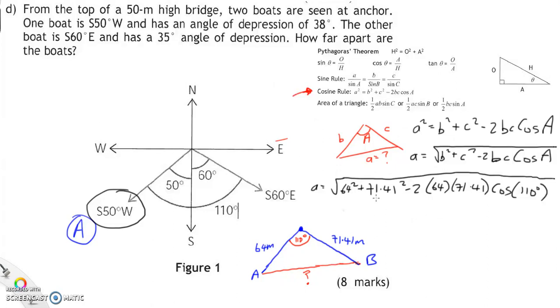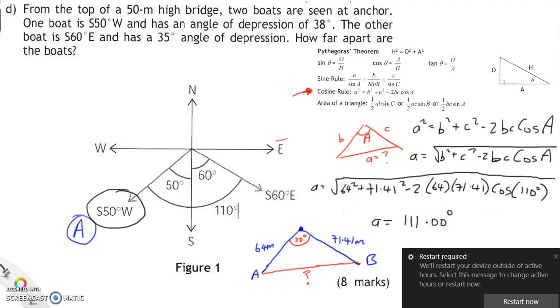So bring up the square root sign, then you have 64 squared plus 71.41 squared minus 2 multiplied by 64 multiplied by 71.41 multiplied by cosine 110, close bracket, press equals, and I get a equals 111.00 meters, accurate to 2 decimal places. Or sorry, that's meters. Forget that.